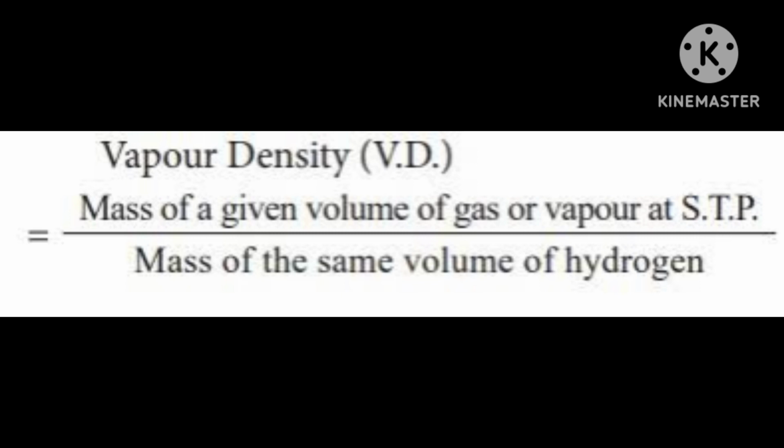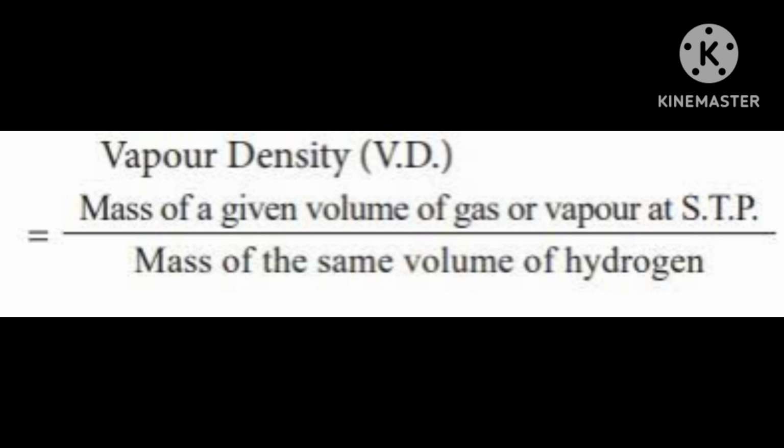Here also I am telling you the same way. In case of gaseous substances, write down 22.4 liter at STP below the formula in place of 1 mole. You know that 1 mole is equal to 22.4 liter.